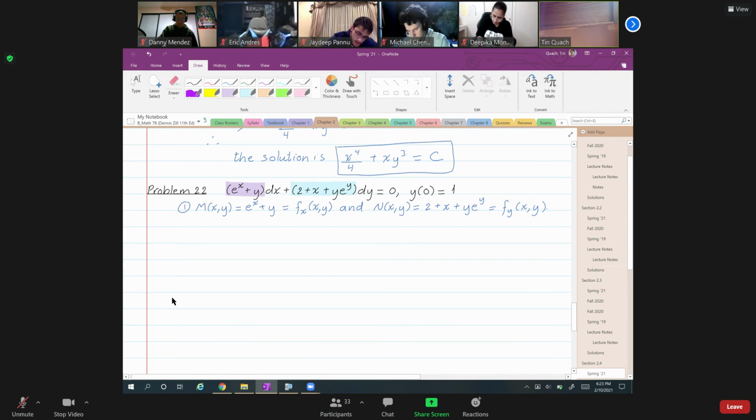So to be exact, if you take the partial derivative of M with respect to y, you get 0 plus 1, which is 1. And the partial derivative of N with respect to x is 0 plus 1 plus 0, which is 1.